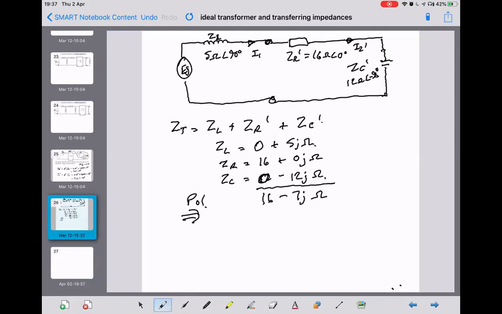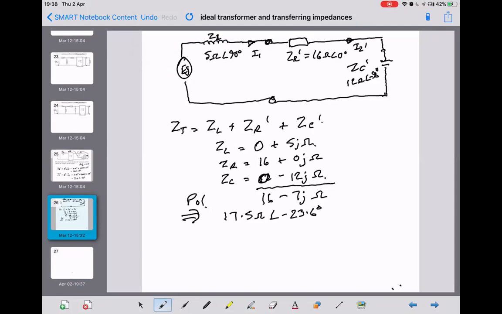Just check it, but I get 17.5 ohms angle minus 23.6 degrees. Everyone happy and see where that all came from?